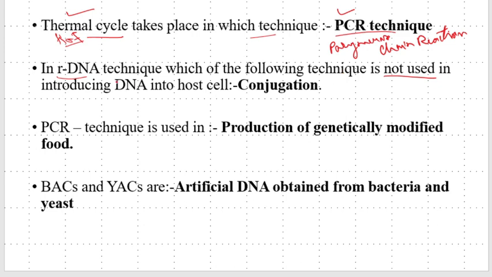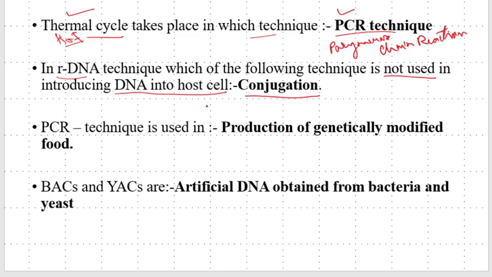So in rDNA technology, which of the following techniques is not used in introducing DNA into the host cell? When we introduce DNA into a host cell, we use various techniques like micro injection and heat shock method. So the one which is not used is conjugation.